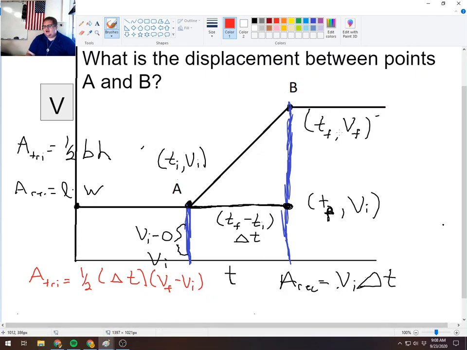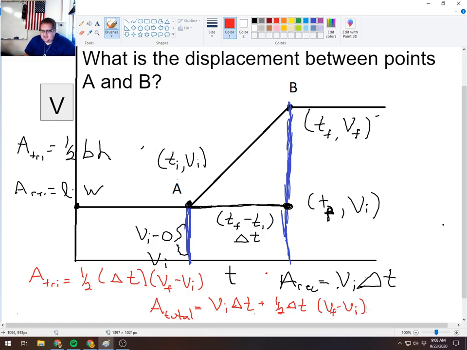So then the total area, which again in this case is the displacement, is simply going to be VI times delta T plus 1/2 delta T times VF minus VI.